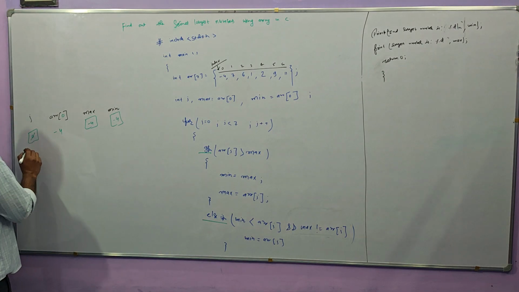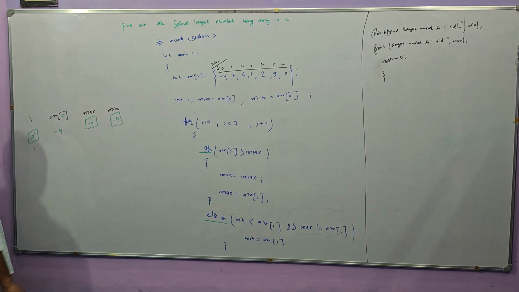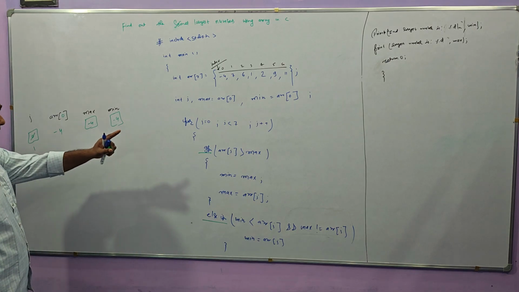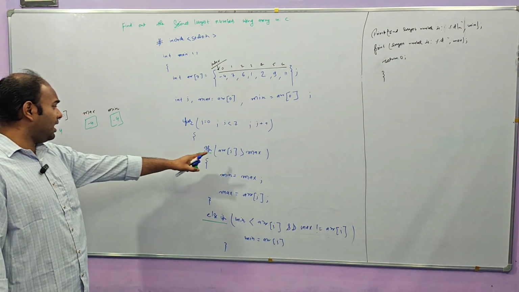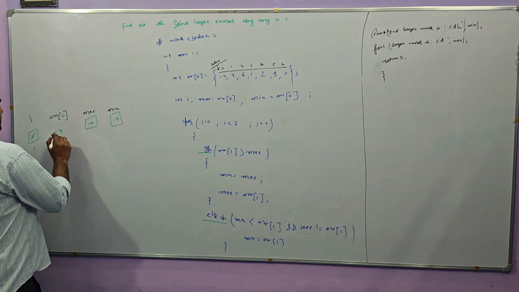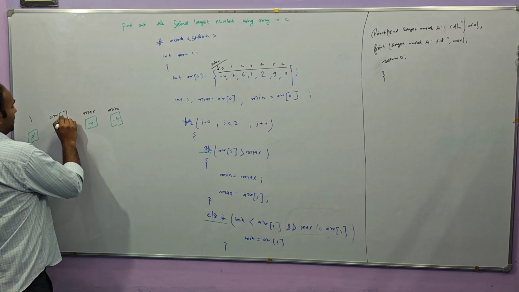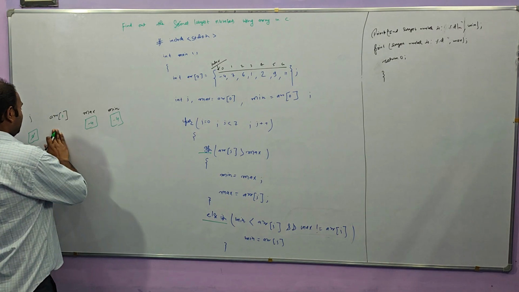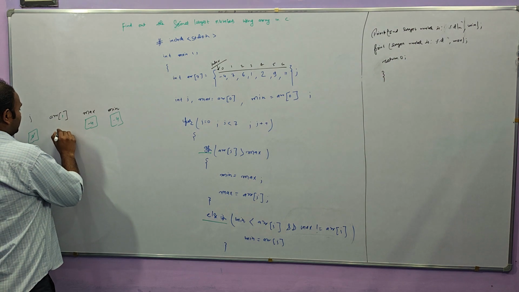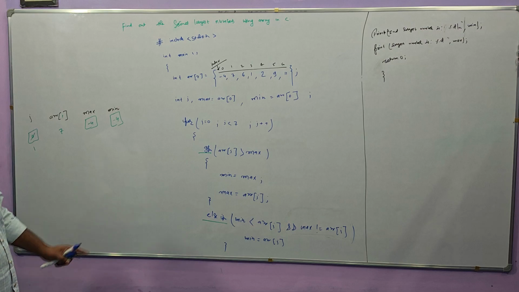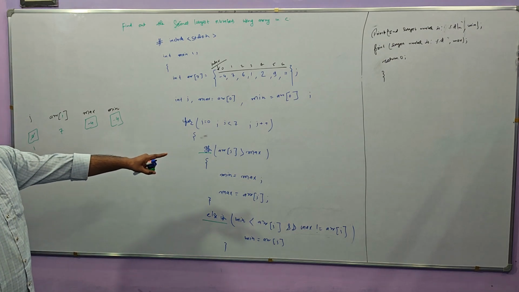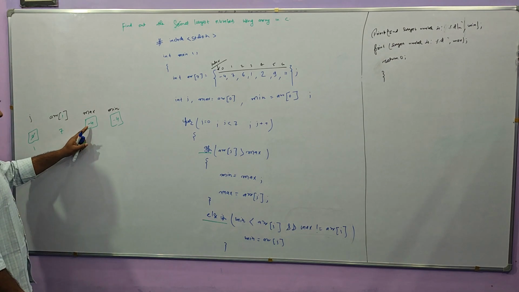Now i becomes 1. 1 is less than 7, yes. Then ar[1] is 7. 7 is greater than max, 7 is greater than -4, yes.